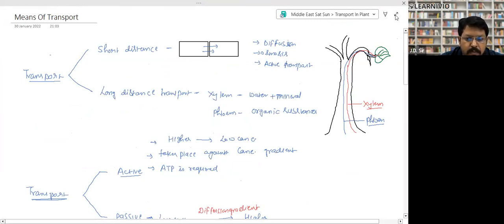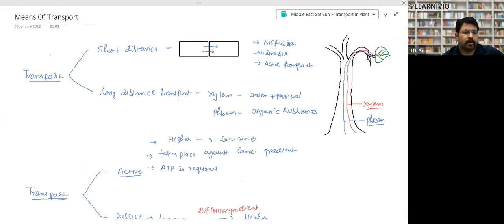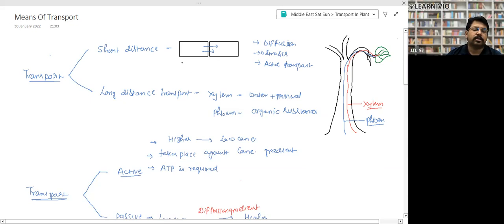Now, transport in plants can be of two types: short distance and long distance. Short distance transport takes place when some material, either food, water, or some nutrient, moves from one cell to another cell.